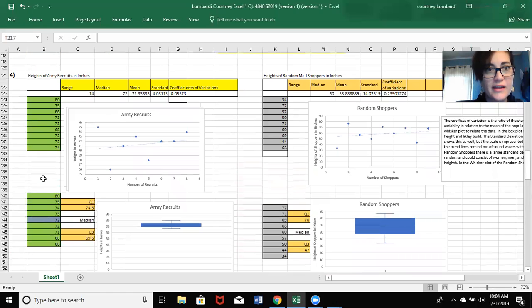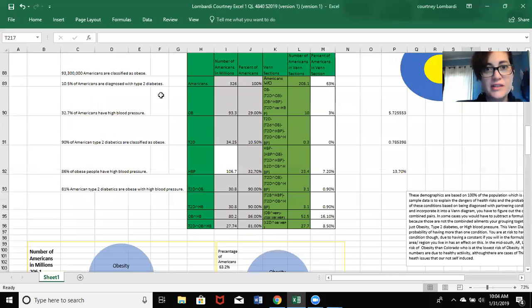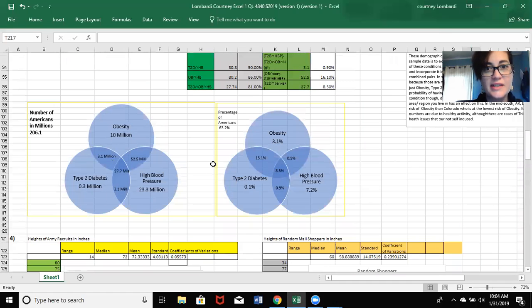Here's our data about our Army recruits and our random shoppers, and our plots and our trend lines and our whisker plots, the Venn diagrams that show us the combinations of obesity and type 2 diabetes and high blood pressure.